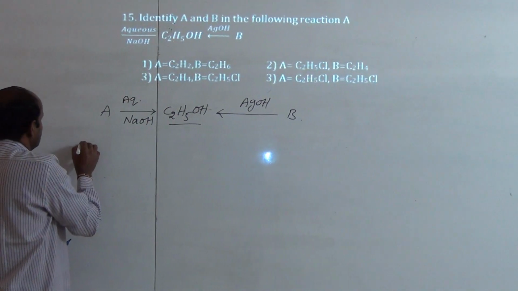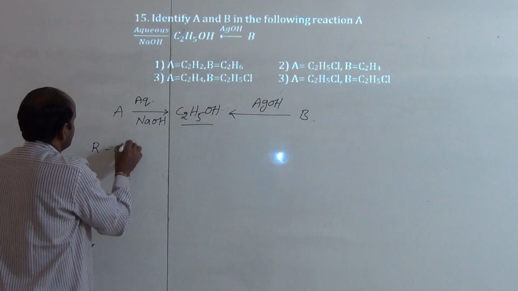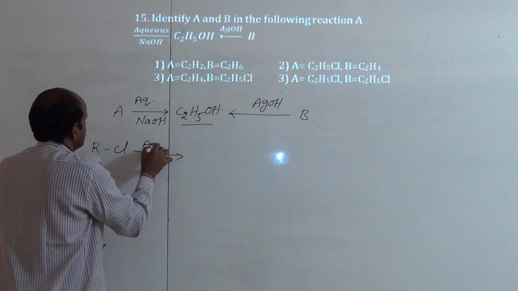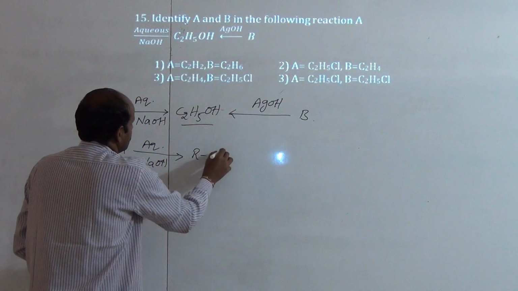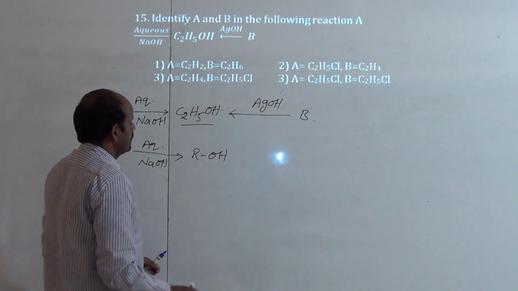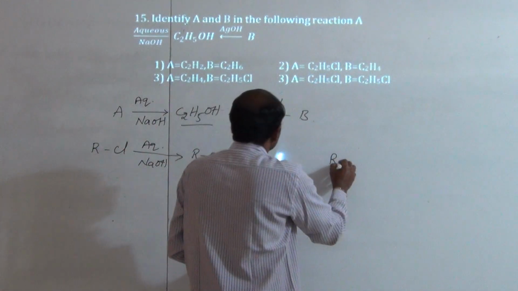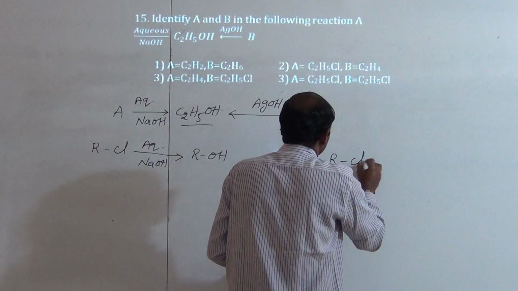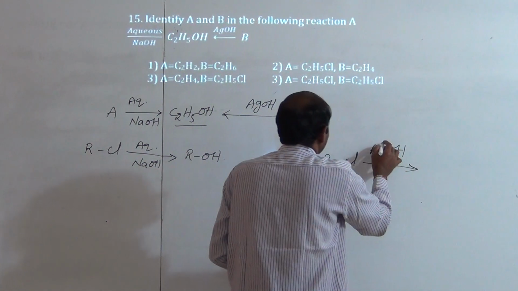If you take alkyl halides, chlorides or bromides, reacted with aqueous sodium hydroxide, then it gives alcohol. And similarly here, if you take alkyl chlorides and react with silver hydroxide, then what happens here?